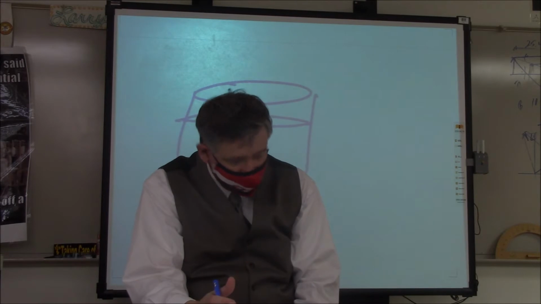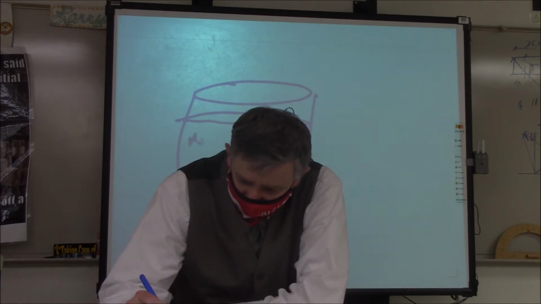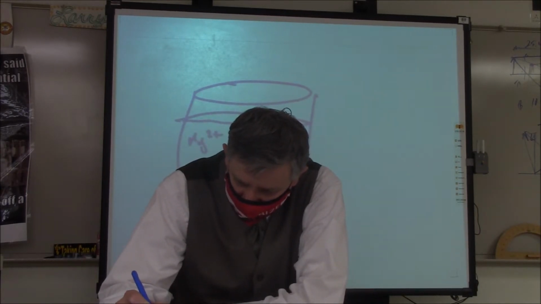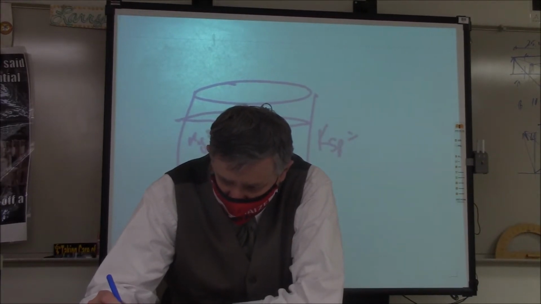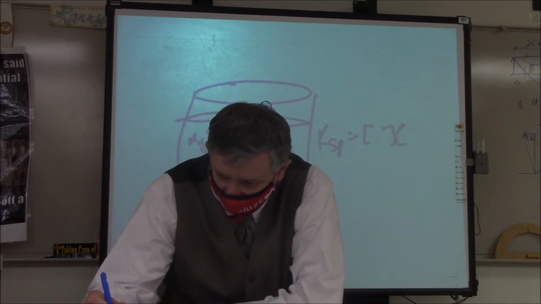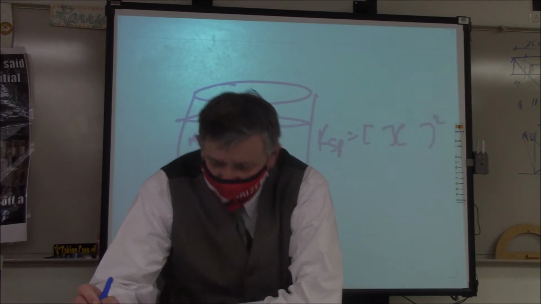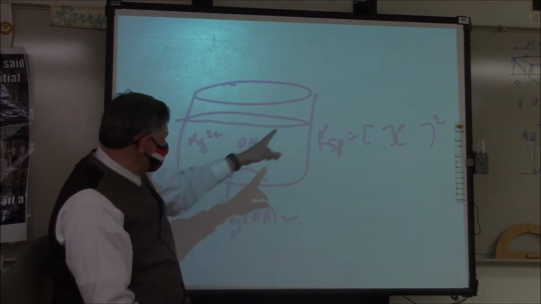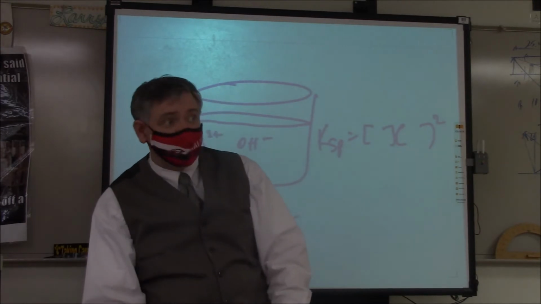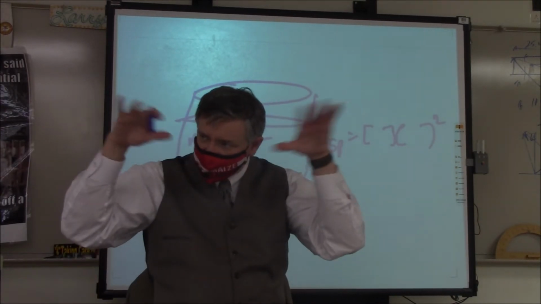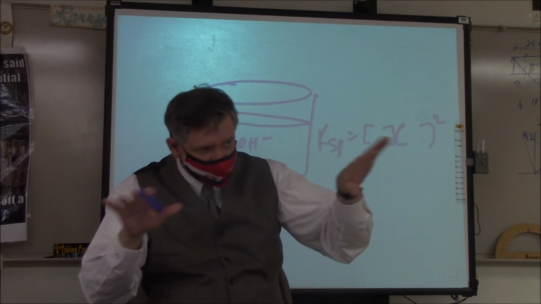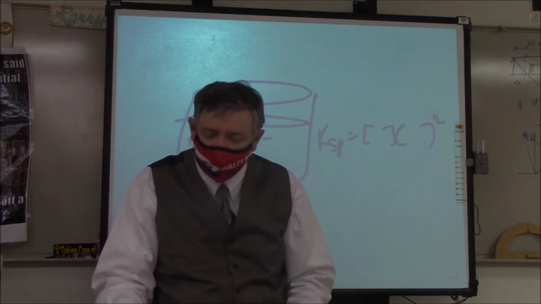That's the whole key to this. So up here you've got some magnesium ions and you have some hydroxide ions, because Mother Nature is trying to produce some combination of your magnesium ion concentration times your hydroxide ion concentration, squared. So you have a certain equilibrium, and Mother Nature is cool, right? It's like it's happening, right?